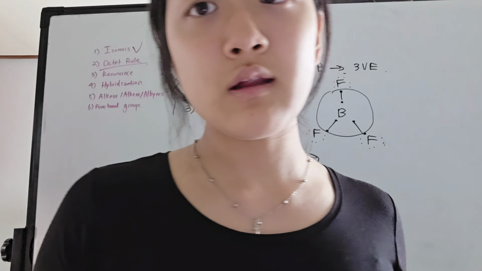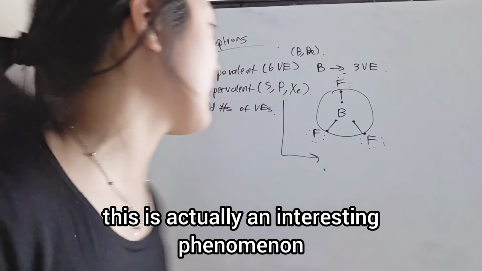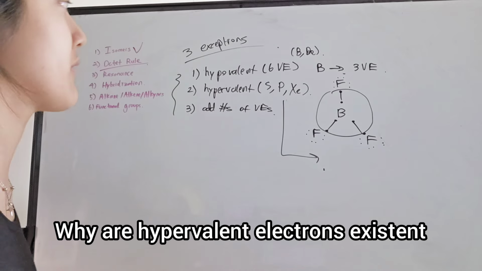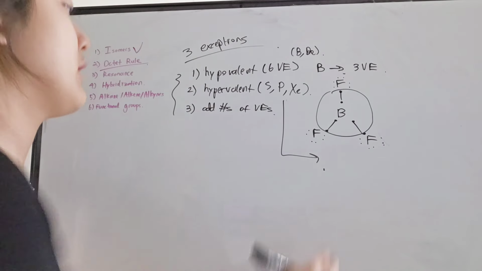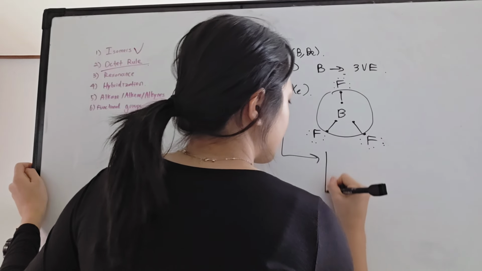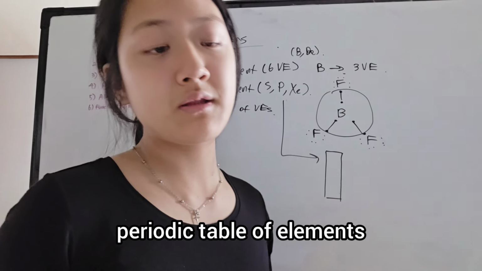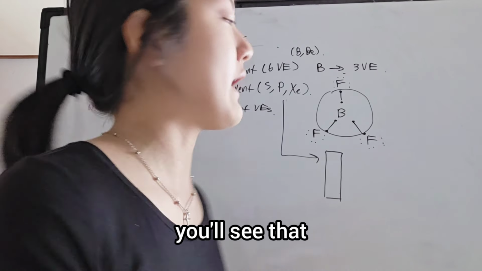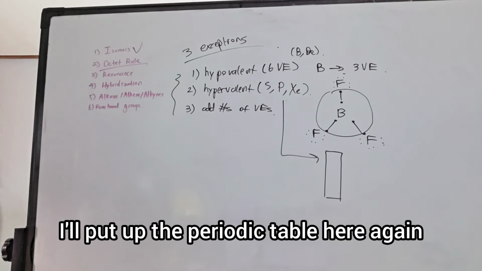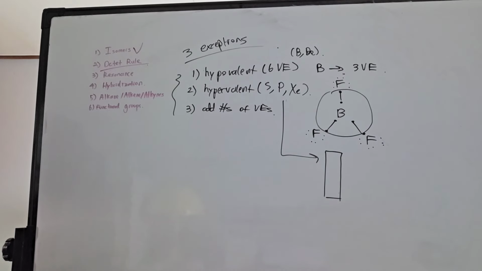And this is actually an interesting phenomenon. Why do hypervalent atoms exist? Well, if you go down the periodic table of elements, I'll put up the periodic table here again.